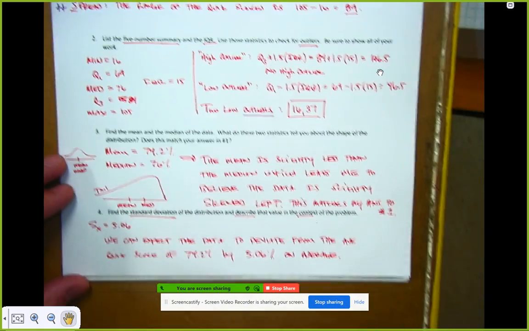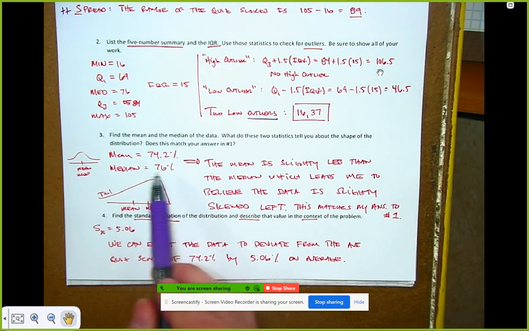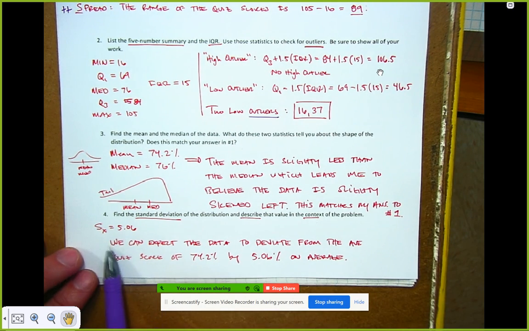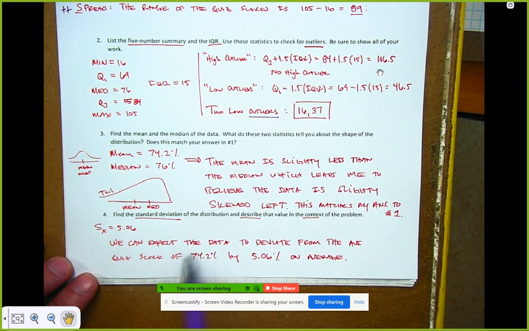Then down here, we rediscuss the relationship between mean and median and what that does to the shape. And then just saying, look, the average was around 74, and most people were right around that, by around 5%. So Mr. Carpenter now knows the majority of his kids on average got a C, right around the C level.